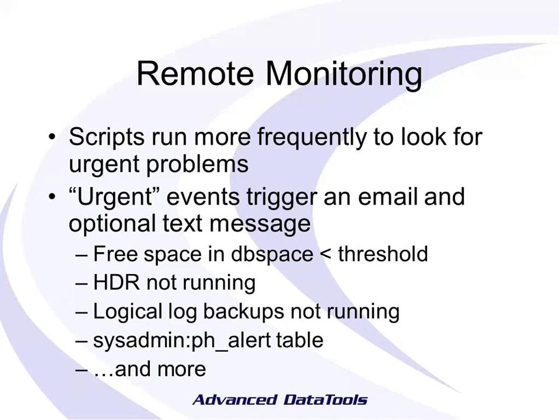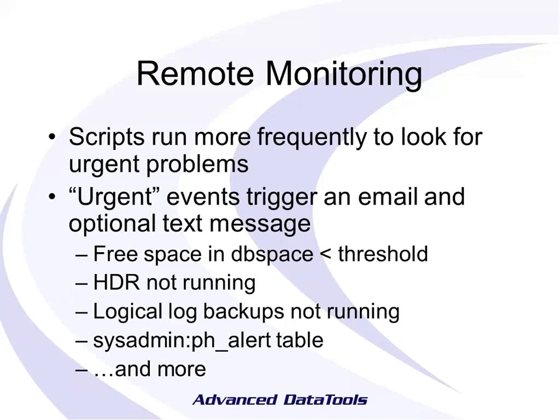But the other thing that you want to look at are the urgent problems. My database has crashed, or my instance has crashed, or we got some serious problems that we need to address right away. So we've got some additional Unix scripts, and they run more regularly, and we can configure that differently depending on how big a footprint we want or don't want.